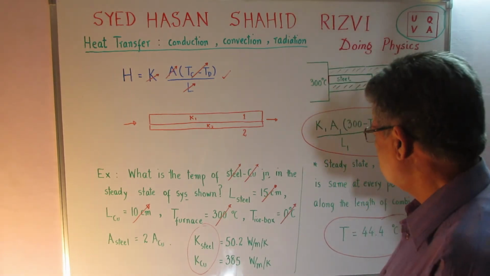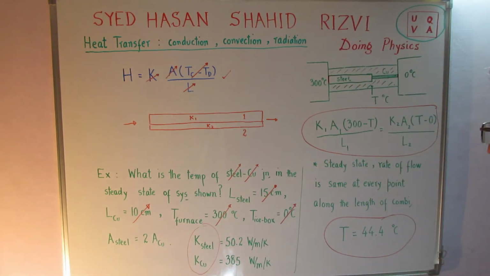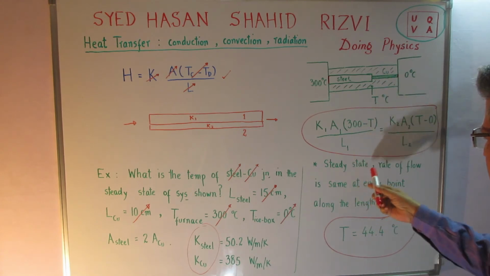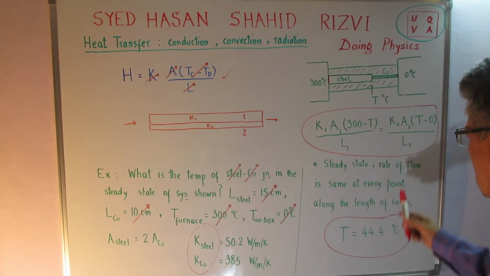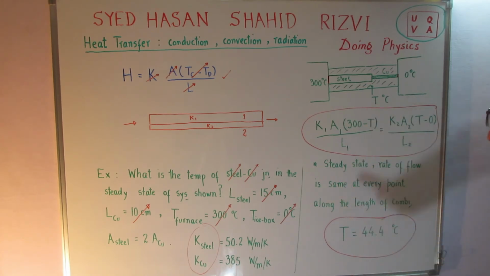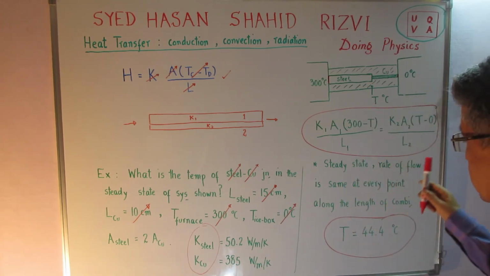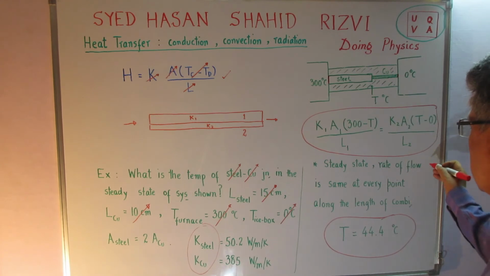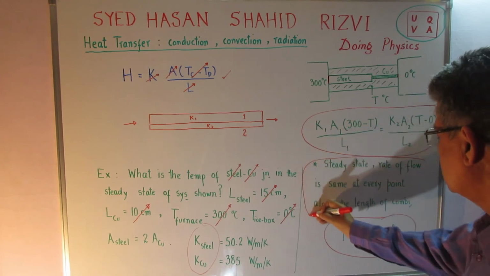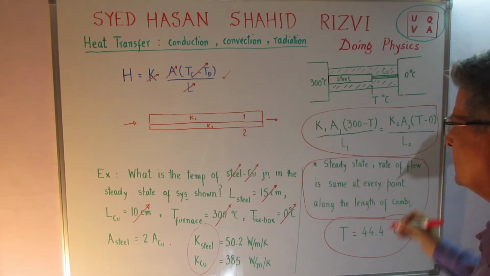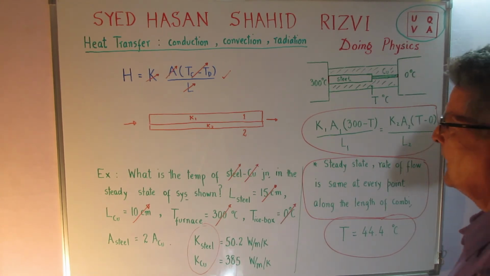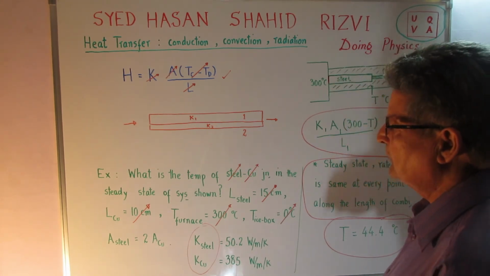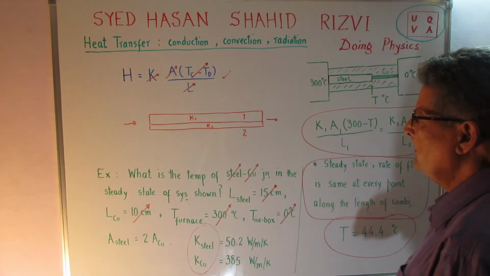But the key is that in the steady state which is achieved, the rate of flow is the same at every point along the length of whatever combination is there. So that is another way of doing things.